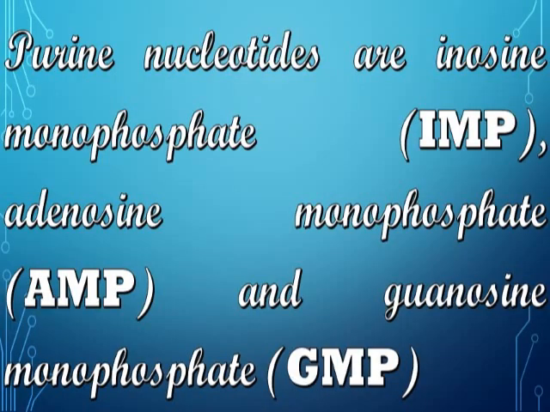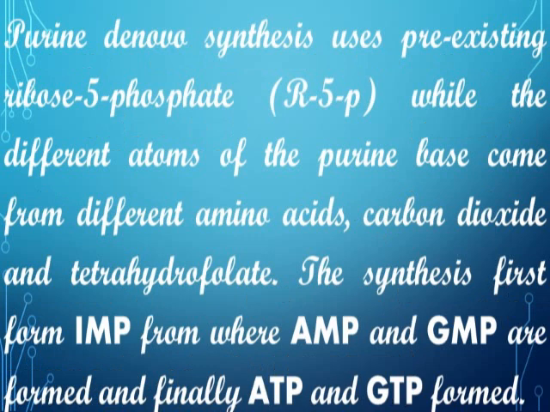Purine nucleotides are inosine monophosphate, that's IMP, adenosine monophosphate, AMP, as well as guanosine monophosphate, that is GMP. Purine de novo synthesis uses pre-existing ribose 5-phosphate, R5P, while the different atoms of the purine base come from different amino acids, carbon dioxide, as well as tetrahydrofolates.